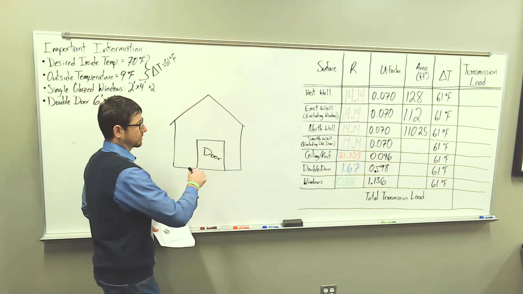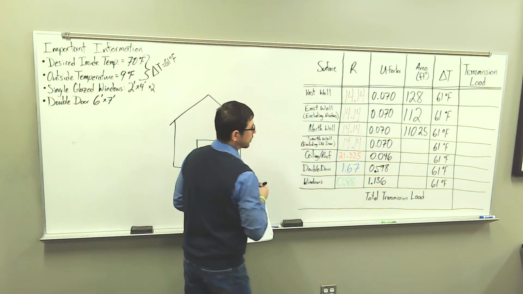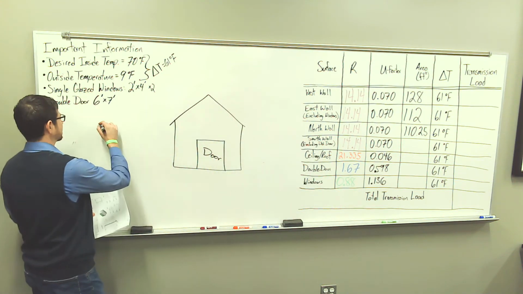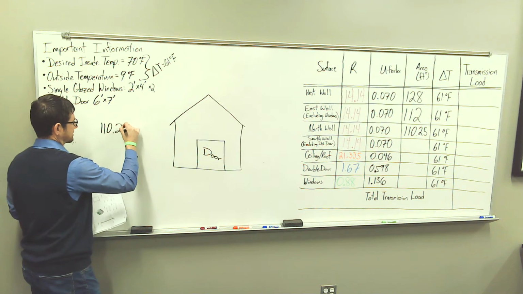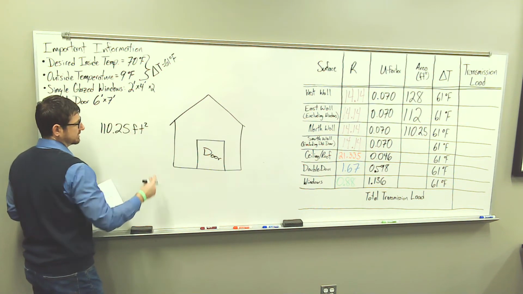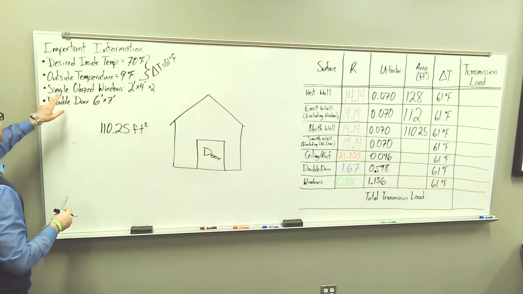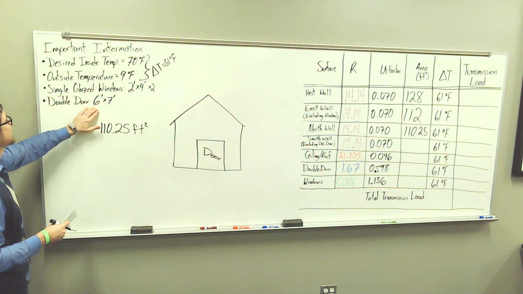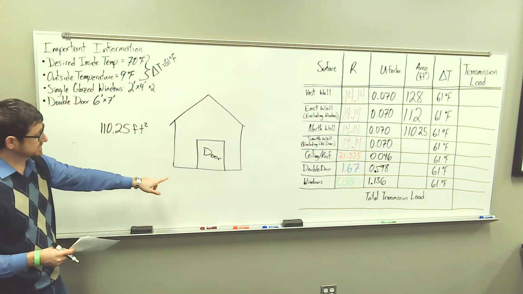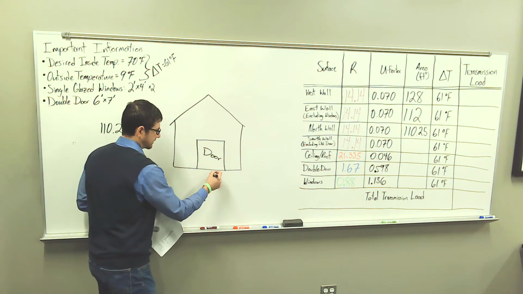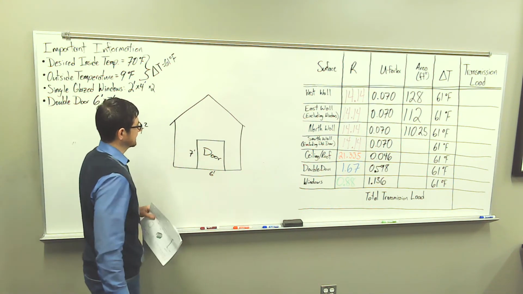Okay, so I have the north wall was 110.25 square feet. And we're going to subtract the area of the door. So our door is 6 by 7, so 6 foot in width, 7 foot in height.